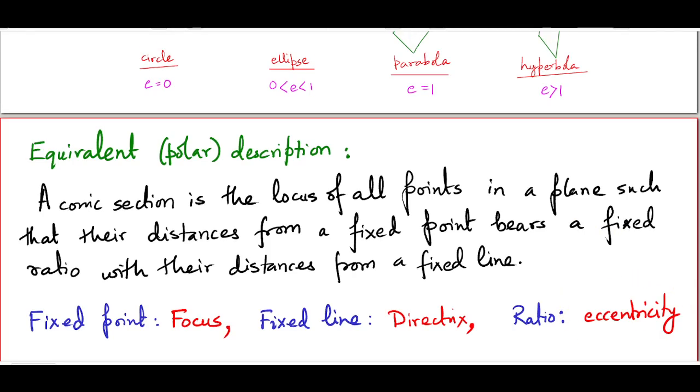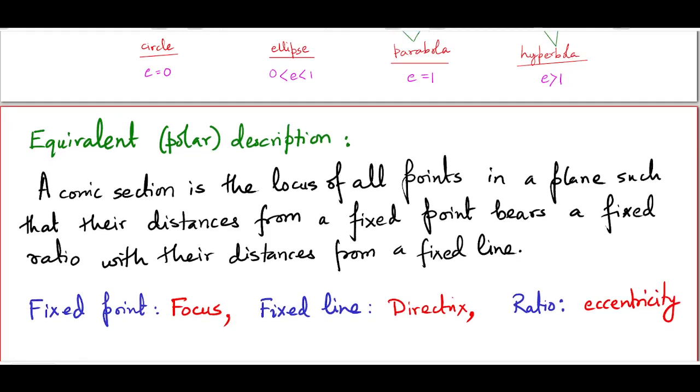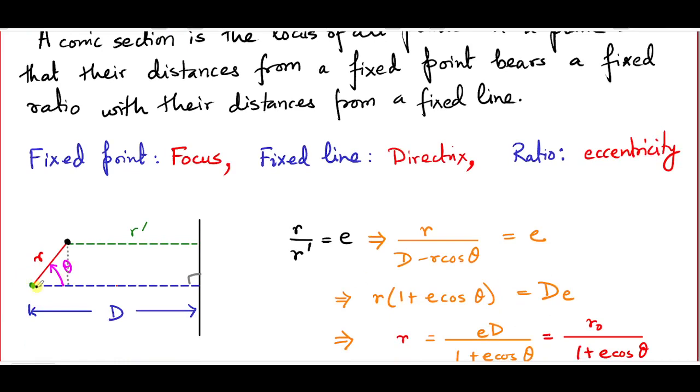So let's see a figure which shows the geometry of this. The fixed point is this one, the so-called focus. The fixed line is this line in black here, the directrix, and our point, or points which make up the conic section, is a point which is at a distance r from the focus, and the angle which the line joining the point to the focus makes with the perpendicular to the directrix is theta.